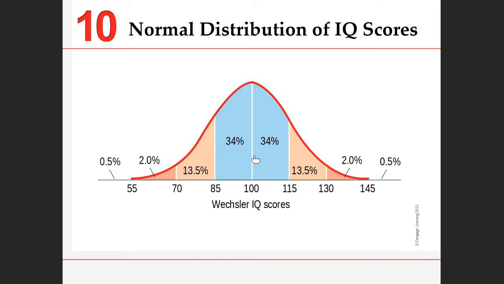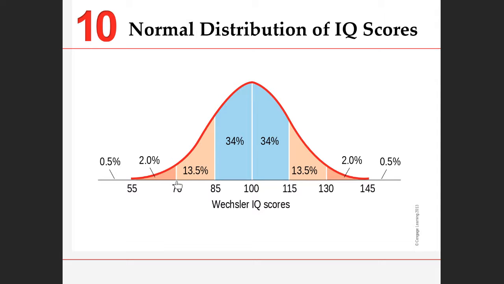And then there are extremes of IQ where some people will fall below 70, and some people will fall over here, the extreme from 130 or above. So people over here are generally considered to be gifted.